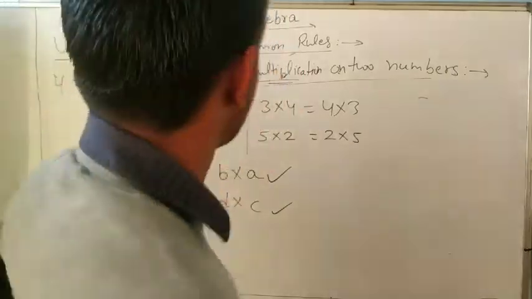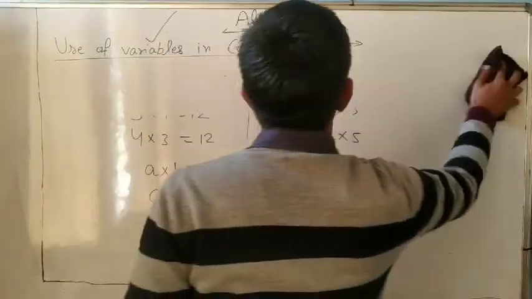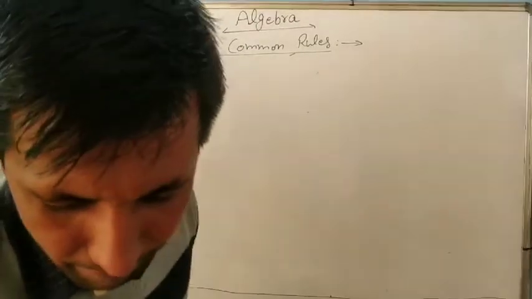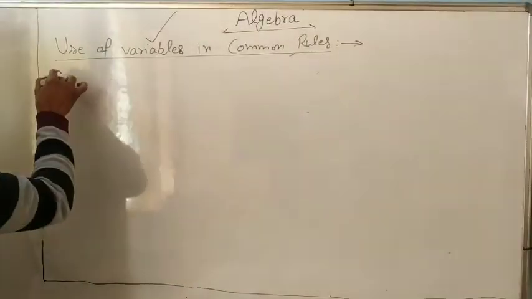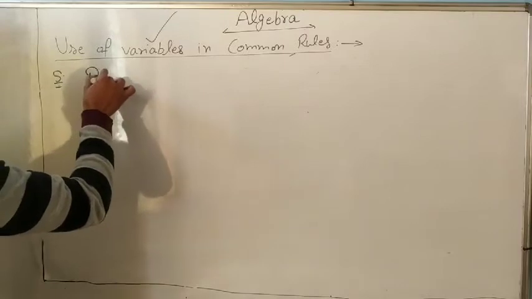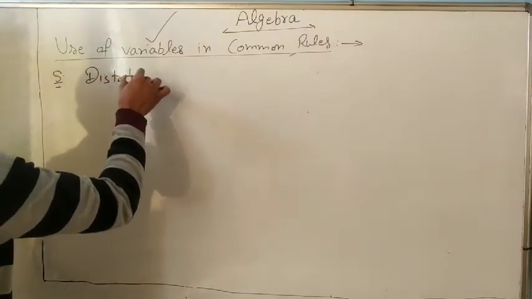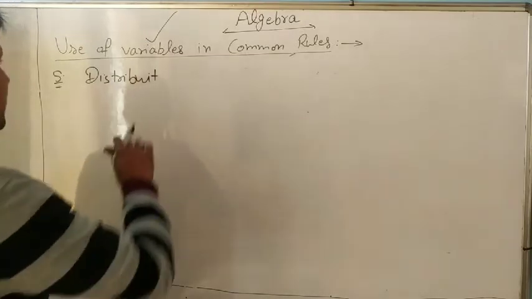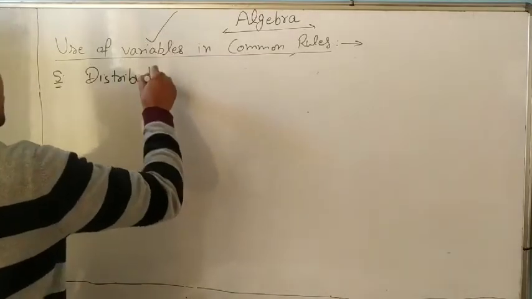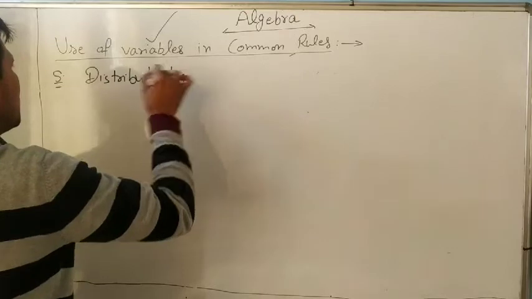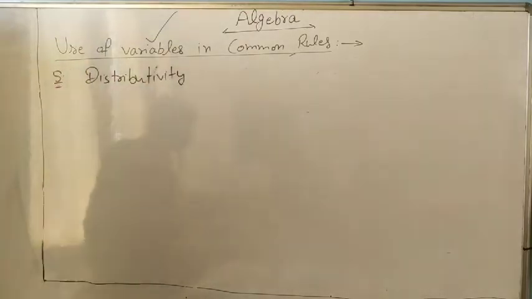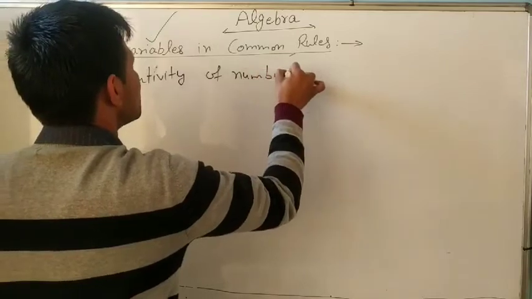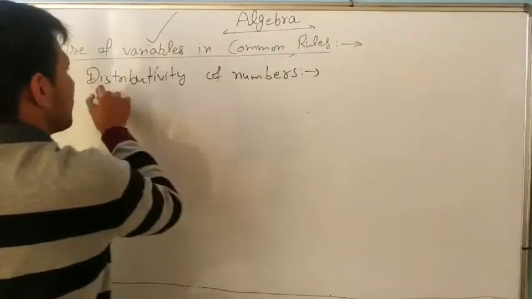Same as this is the distributive property. We will use the fifth property, distributivity of numbers. How will we use the distributive property? I think everyone knows.